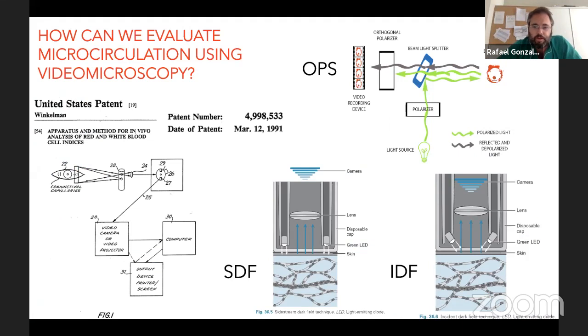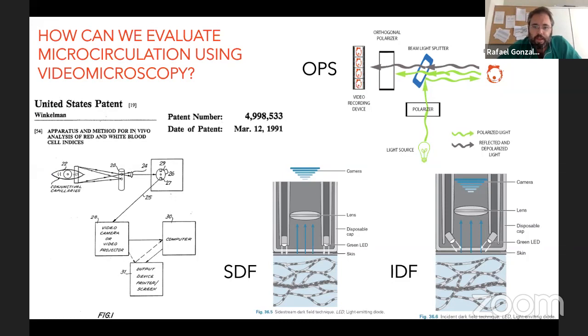It is based on this, in the early 90s. The patent we see in the picture on the left was developed to try to provide a count of blood cells non-invasively in the capillaries of the conjunctival area of the eye.